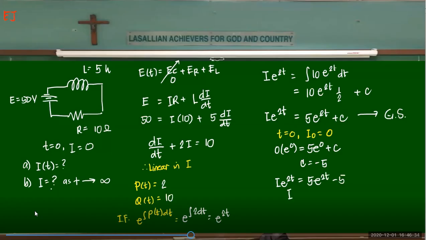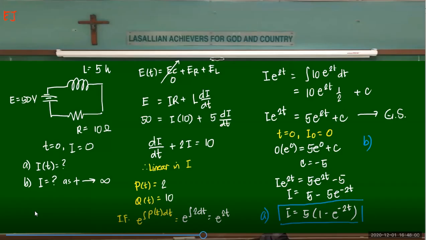If you want I as a function of time, I can factor out the 5 later on: I equals 5 minus 5e to the negative 2t, or 5 times the quantity 1 minus e to the negative 2t. So this one here is your final answer, your letter A, I as a function of t. Sir, is it always linear? Yes, the form will be linear.